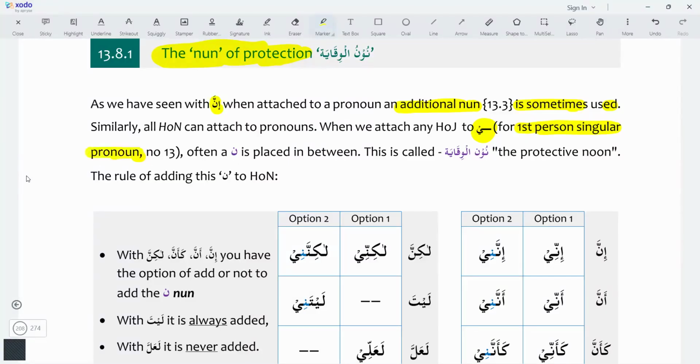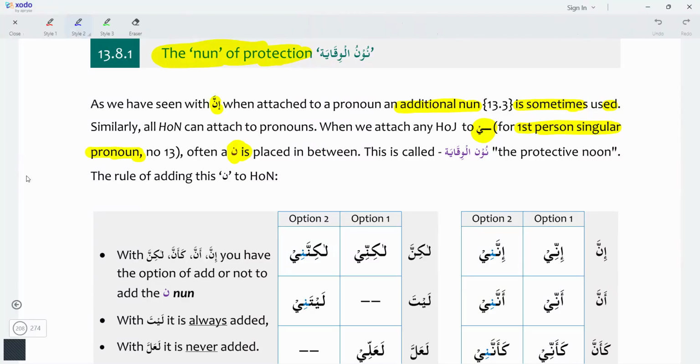often a noon is placed in between. Just now we have learned this noon we placed in between, like inna plus noon plus ya mutakallim.